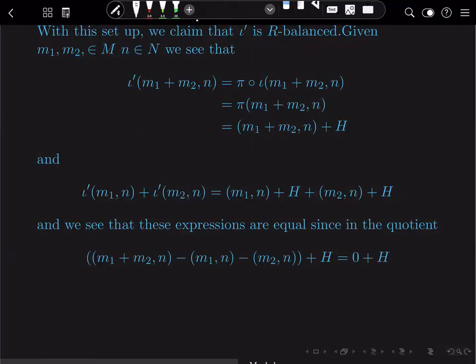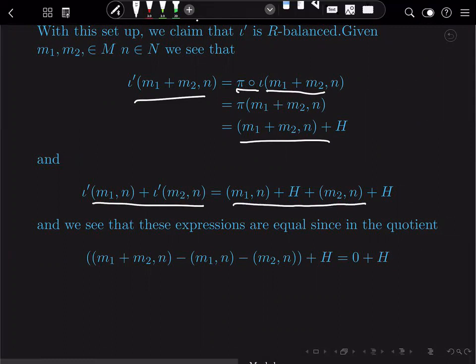If we're given two elements of M and an element in N, we have our additivity. So iota prime of M1 plus M2 comma N is going to be pi composed with iota of M1 plus M2 comma N. And then we just go through the simple check. We get this expression here, and these are equal, right?